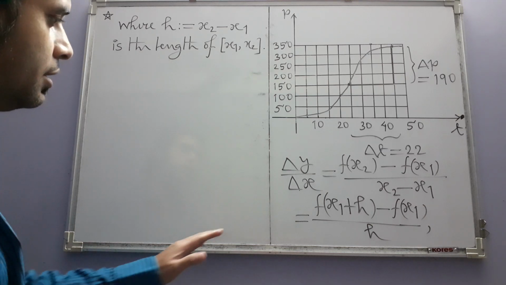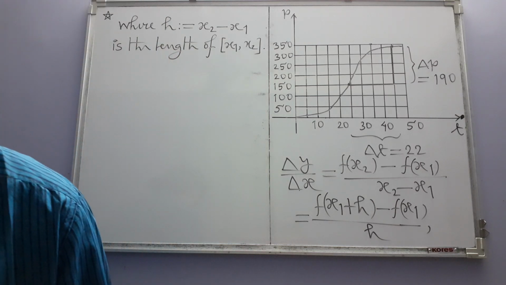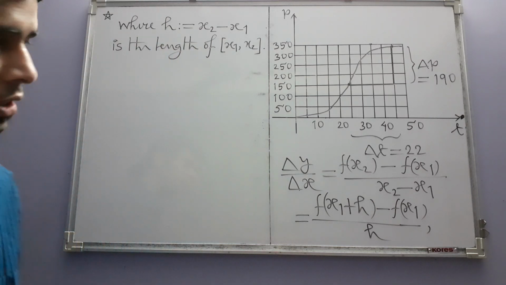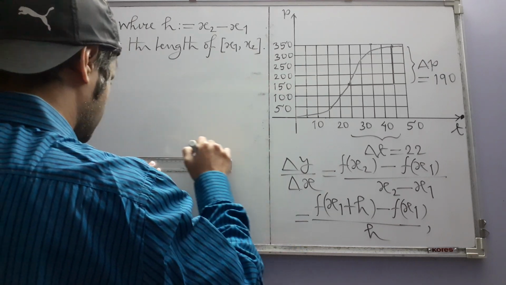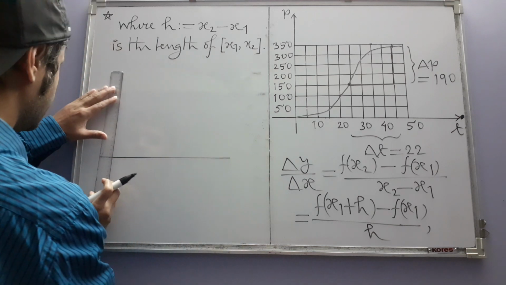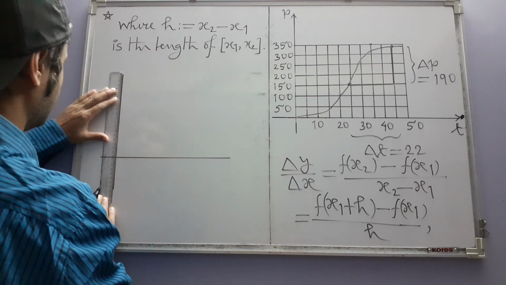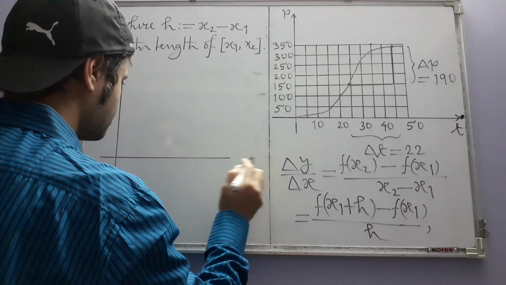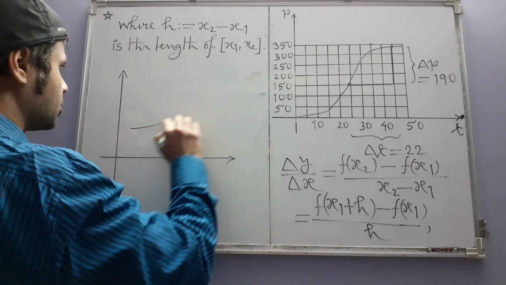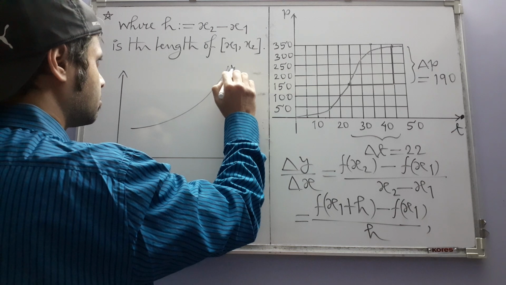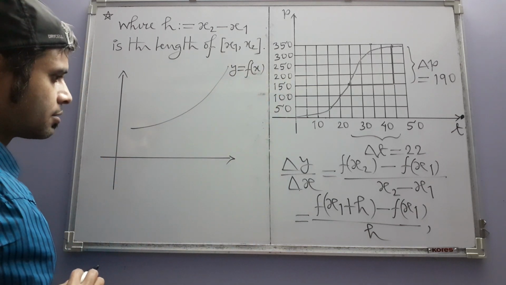Now, how is this quantity related to secant lines? So, the geometric situation here is of course this. Because we have taken a general function, we don't really know what its graph will be. Its graph will be something, some curve, say something like this. So, this is the graph of y equal to f of x.